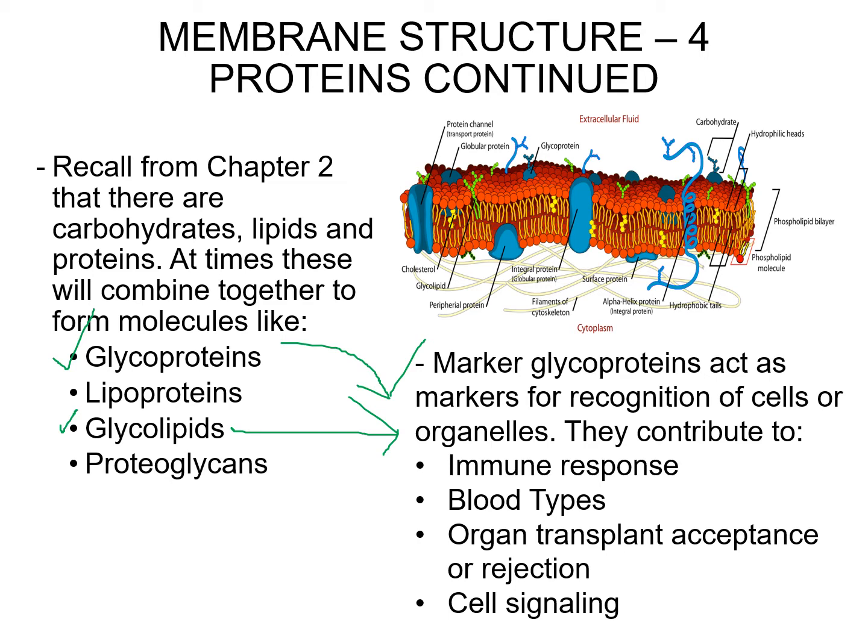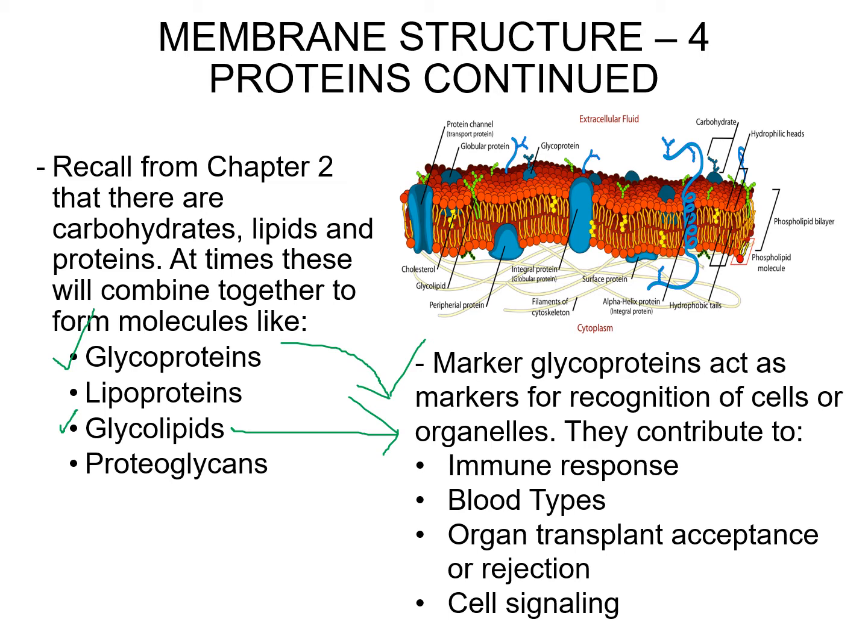Organ transplant acceptance or rejection, whether the body thinks something is okay or whether it's foreign. If the body thinks it's foreign, we're going to mount an attack. We're going to announce war on that foreign body and try to kill it. So a lot of that is basically these glycoproteins.